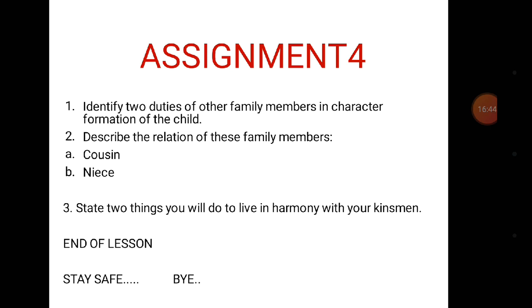Who is your niece? Describe that. We discussed that also in this lesson. Then number 3, state 2 things you would do to live in harmony with your kinsmen. I said your kinsmen are your family members, your extended family members. So, what do you have to do as a child to live in harmony with your kinsmen? You write it nicely and upload your answers.